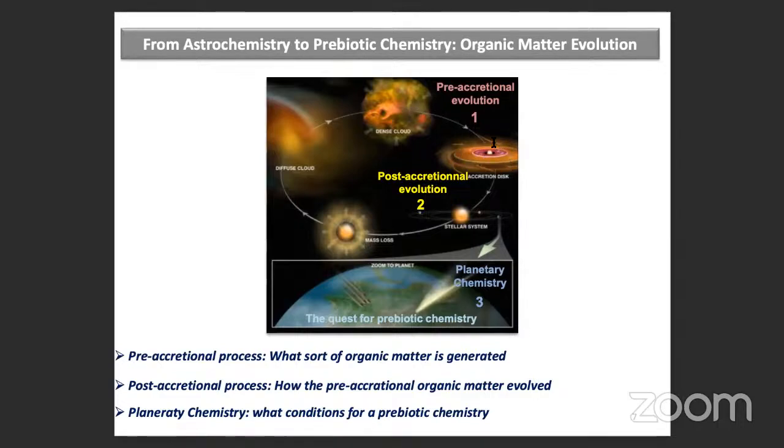Here we will see what sort of molecules can be generated in the gas phase and in the solid phase. And then we try to understand what sort of evolution could occur inside the parent body of meteorites, which are asteroids. So the first step is to develop experiments that simulate this first evolution, what we call pre-accretional evolution.